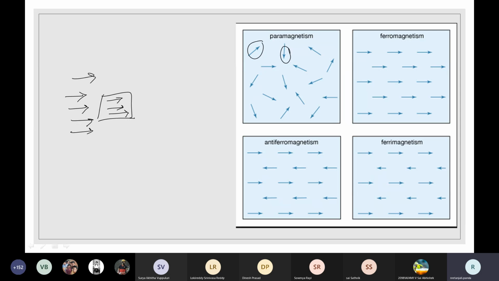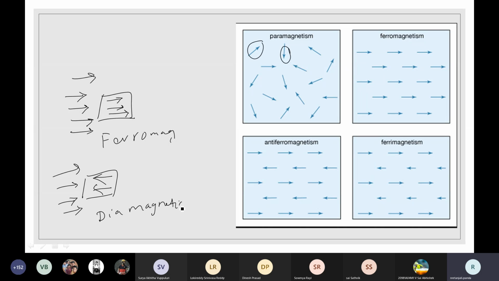But in the case of diamagnetic material, if I place the material in a magnetic field induction, then the magnetization will be opposite to the external magnetic field. That's why it cancels out with each other, and it is called a diamagnetic material.